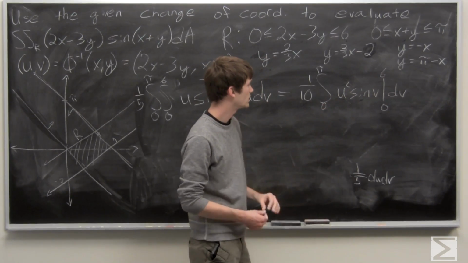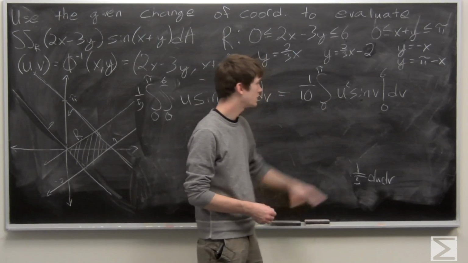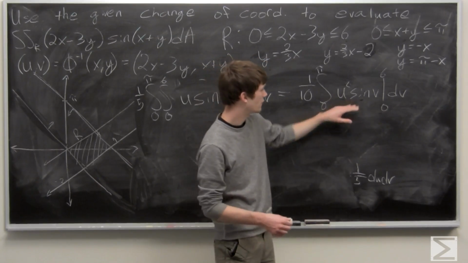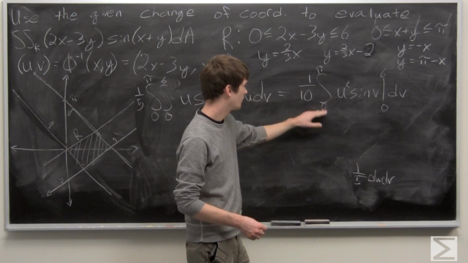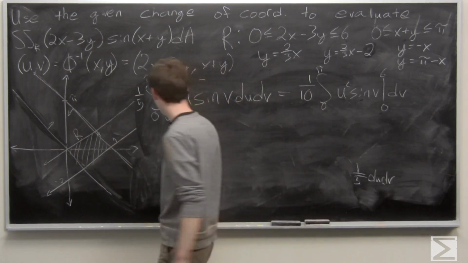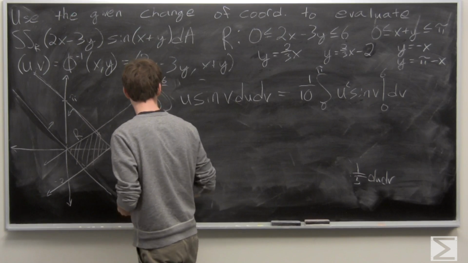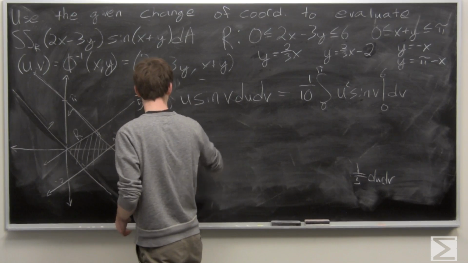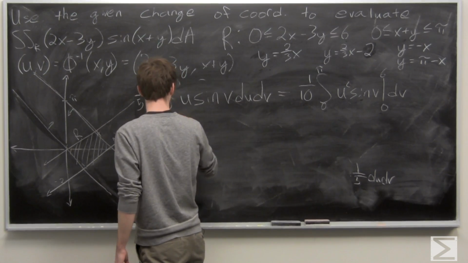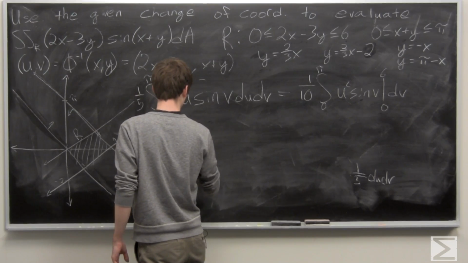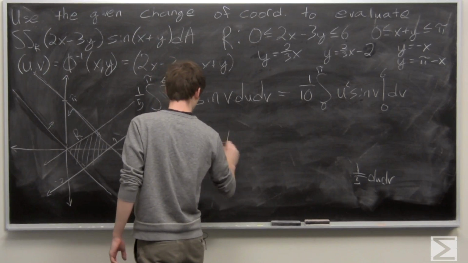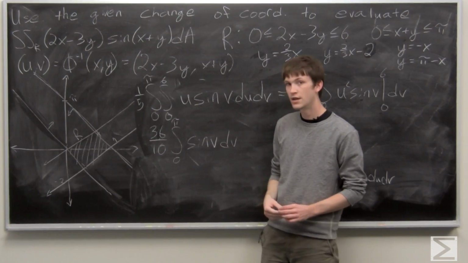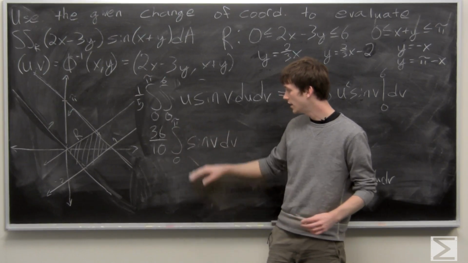Okay, so when u is equal to 6, we have 36 sine v. And then when u is equal to 0, we have our function is equal to 0. So our integral is 36 over 10, evaluated from 0 to pi.